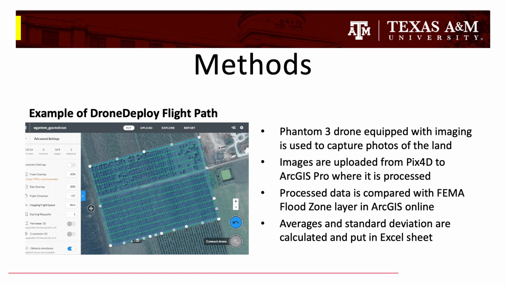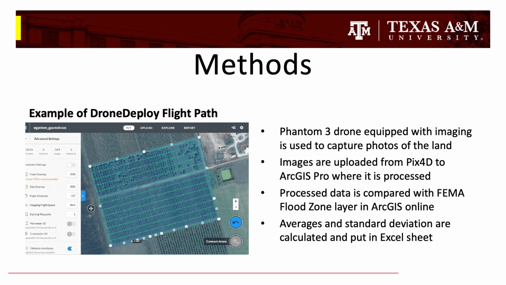So, our methods. We wanted to take a Phantom 3 drone and create a flight path for it on Pix4D, even though this is an example of a DroneDeploy. The images were uploaded on Pix4D, and they sent those images to ArcGIS Pro, where the raw data becomes processed.